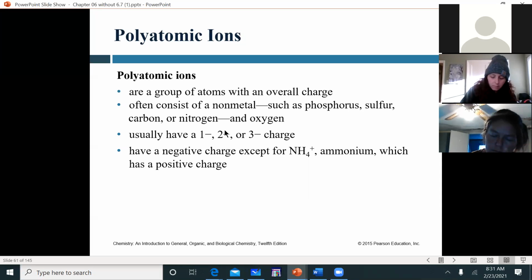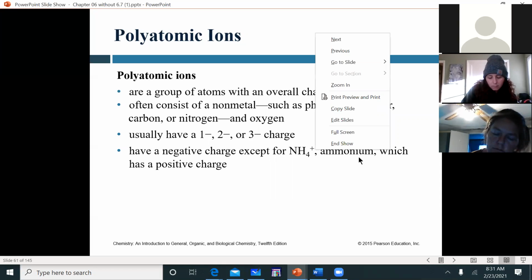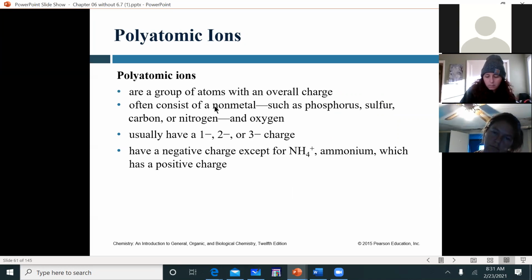They usually have a negative charge of -1, -2, or -3. There is one positive polyatomic ion that you'll see, which is ammonium. Find it in a lot of cleaning products. That's NH4+. Traditionally, I would have you memorize the polyatomic ions, but because of the nature of the class right now, you just want to have a polyatomic ion sheet to reference.